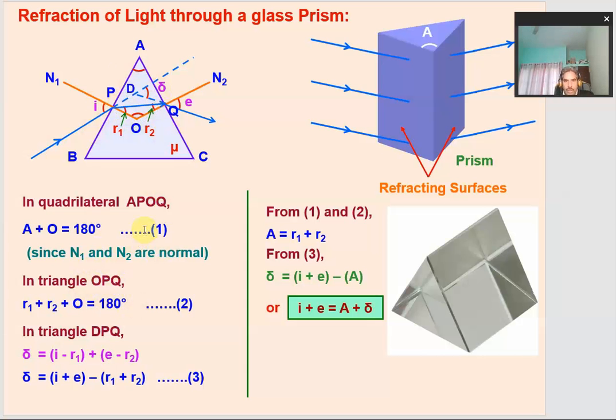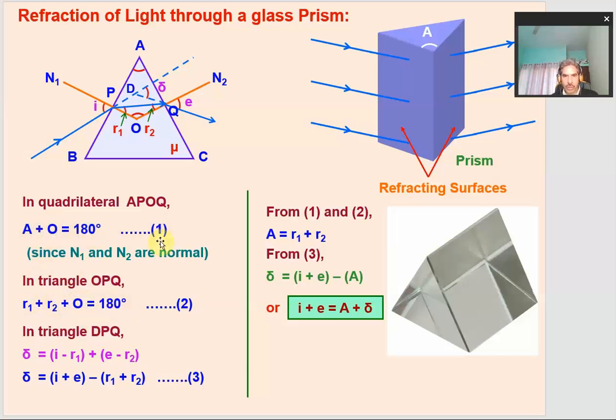Now if we compare these two equations carefully, we see that angle A must be equivalent to R1 plus R2. Only then, when added to angle O, will it be equal to 180 degrees in both equation 1 and equation 2. So A is equal to R1 plus R2.